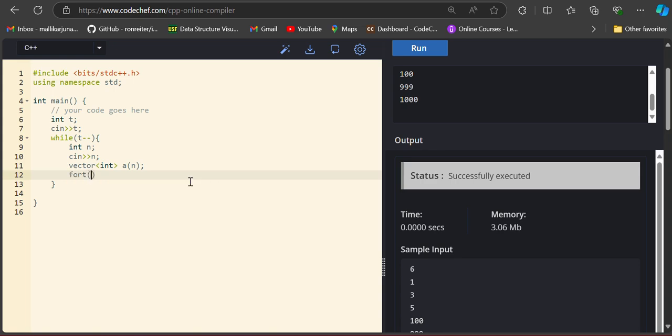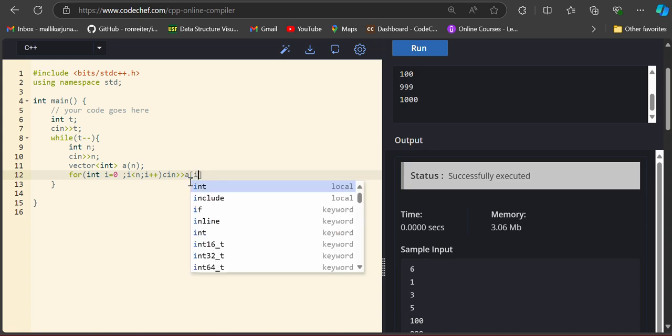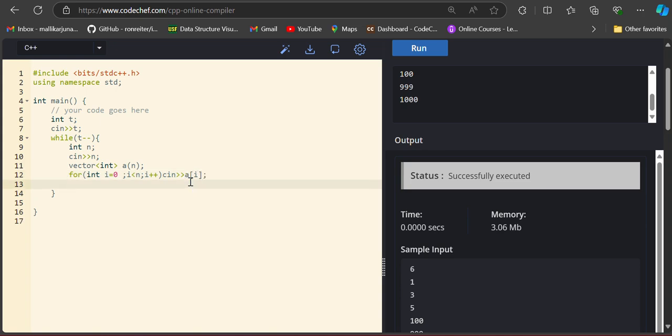So now we have to read elements into the array. So for that, I'm just pushing the elements into the array now.